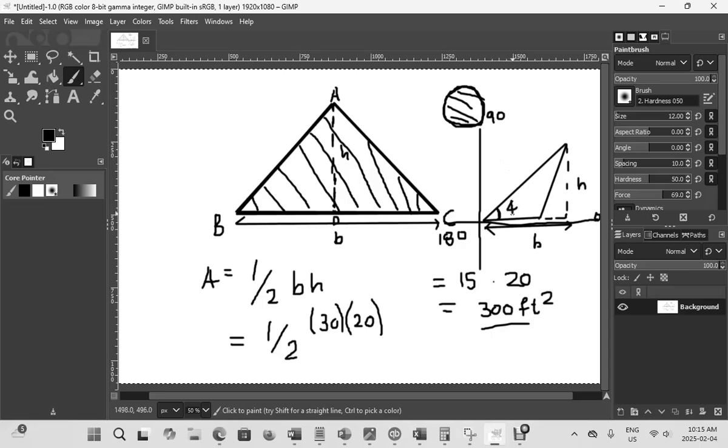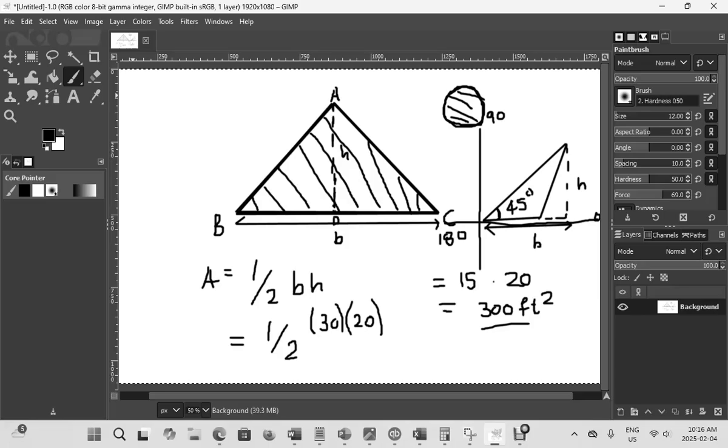So let's say this is 45 degrees. To figure out the area of this acute angle triangle, you will need to multiply base times height. We know that the base was 30 feet and the height was 20 feet. We got 300 feet square.